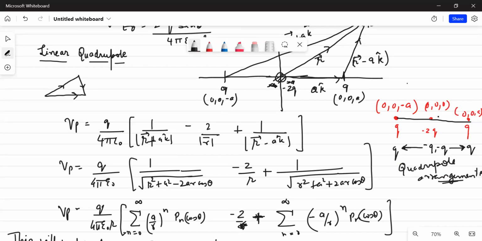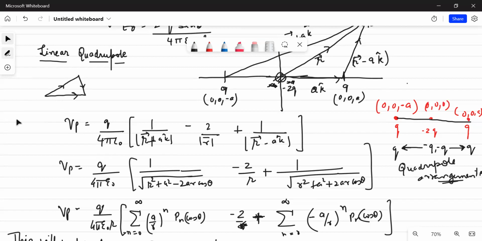Instead of minus 2q, you can write minus q and minus q, so there are two dipoles here. This kind of arrangement is called a linear quadrupole. So the linear quadrupole arrangement was given by this.